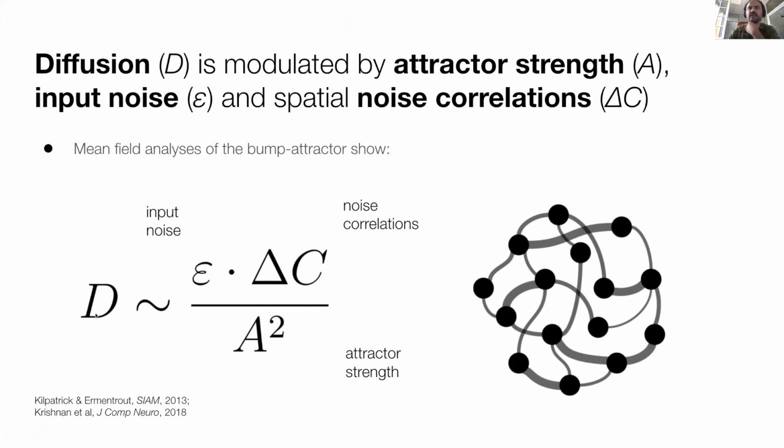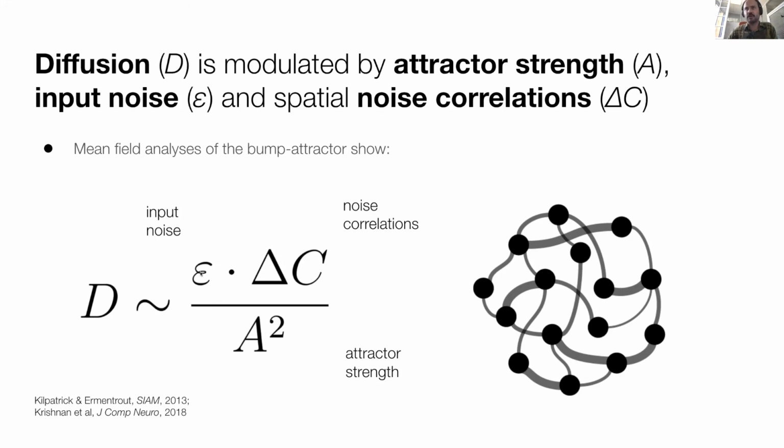What they show is that the diffusion, or how much the bump drifts to one side or the other, depends on three factors. It depends inversely on the attractor strength. So actually, having a stronger attractor should lead to less diffusion, in contrast to what one would interpret from the figure we just saw by Murray et al.